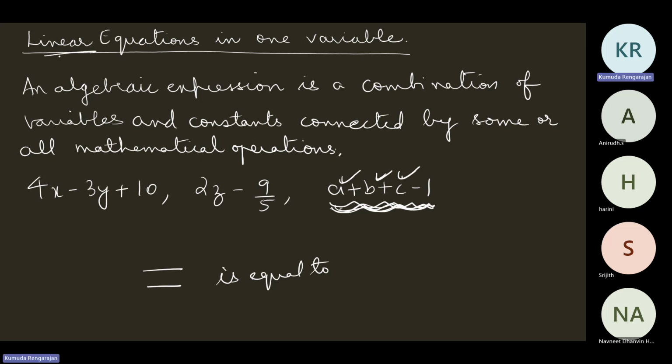Now, what is a linear equation? Why is it called a linear equation? Because the power of the variable will be 1. The power of the variable in the equation will be 1. Now, in this equation, 4x plus 5 is equal to 9, we can see the equal to sign, so it's an equation.